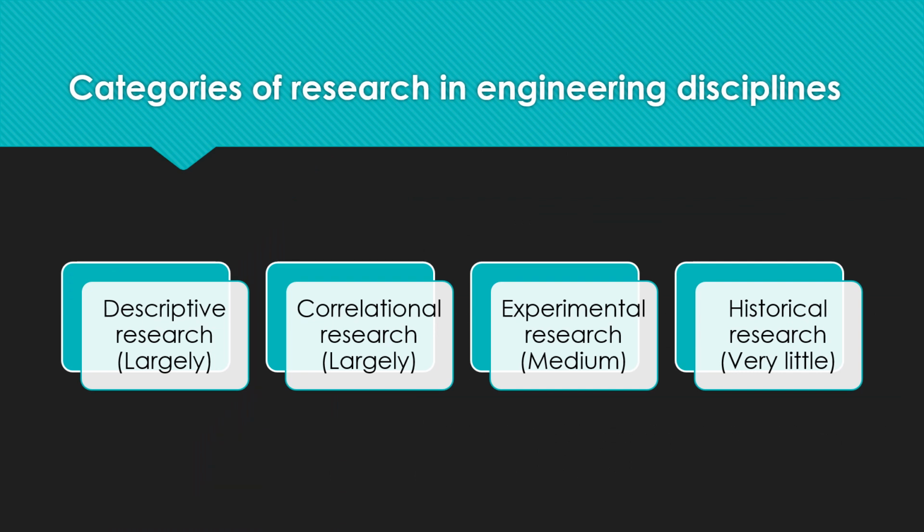So from these activities, we can see that mostly engineering disciplines are on descriptive research and correlational research. There are some on experimental research and very little on historical research.